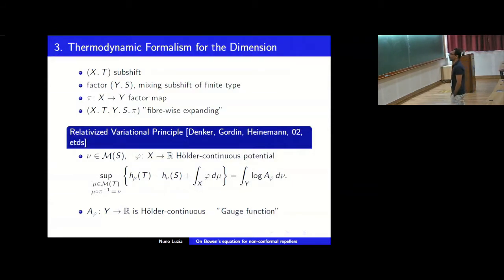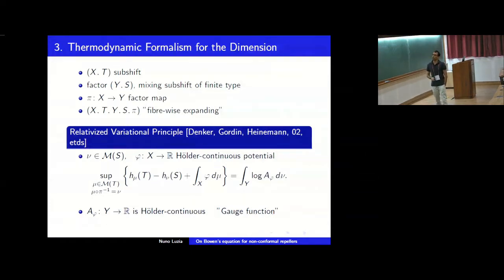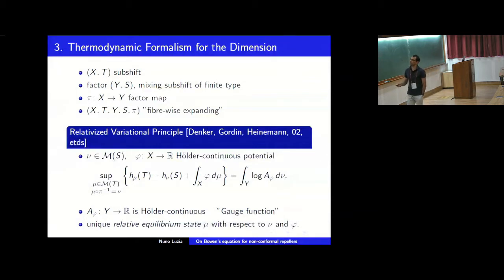So to differentiate it from the relativized pressure in the relativized variational principle by Walters, for instance, we call it a gauge function, okay? So it is important to be Hölder continuous. So they also prove that there is a unique relative equilibrium state, which means that this supremum is attained at a unique measure, okay, with respect to this measure and phi potential, okay?